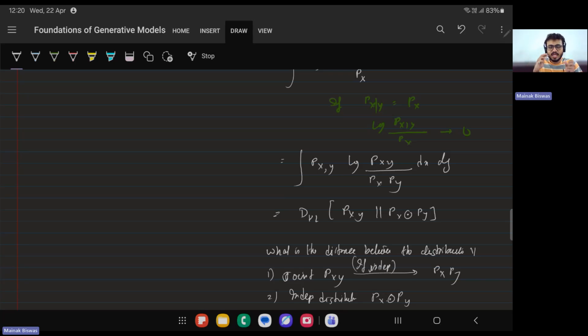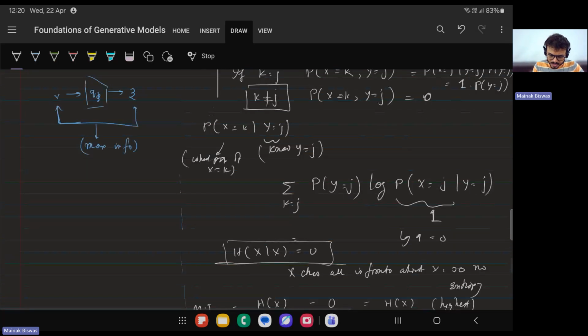So you are trying to say what is the maximum: you are trying to make the joint as far away as possible from the independent distribution of x and y. This is the intuition, another intuition.